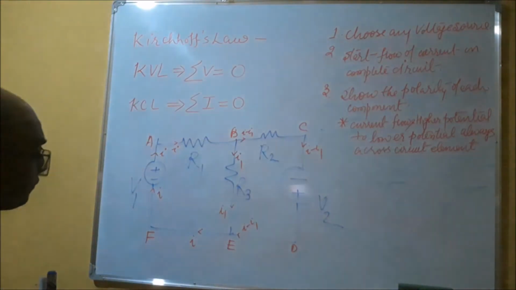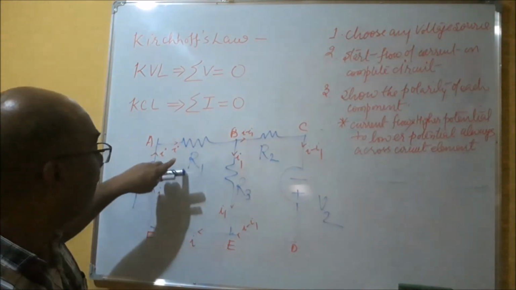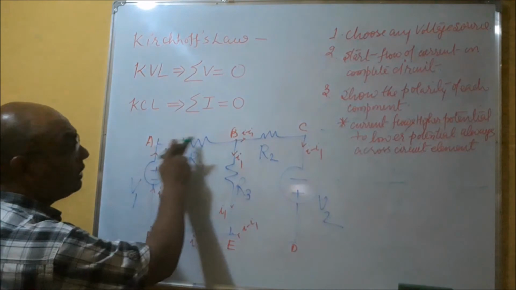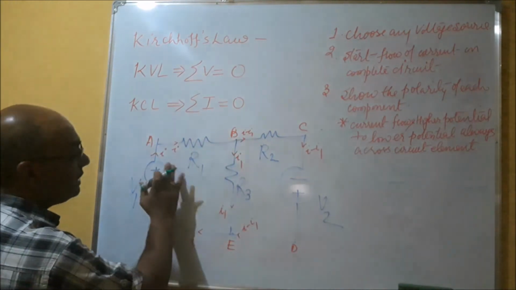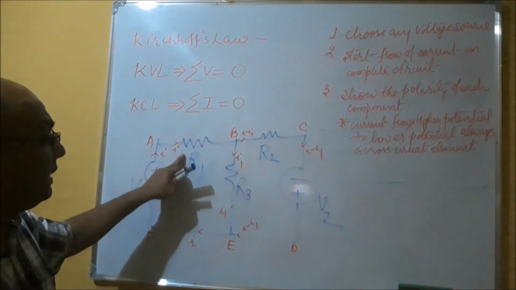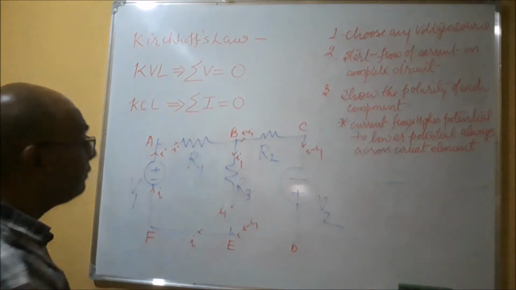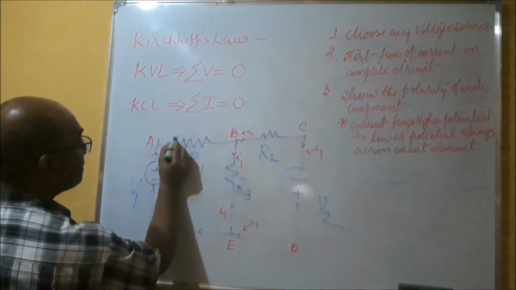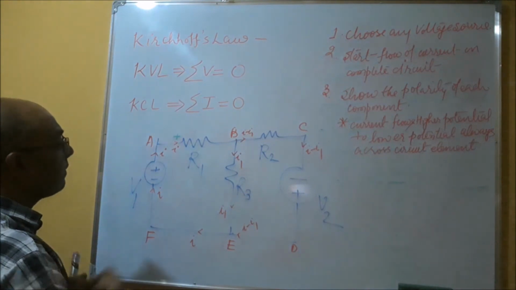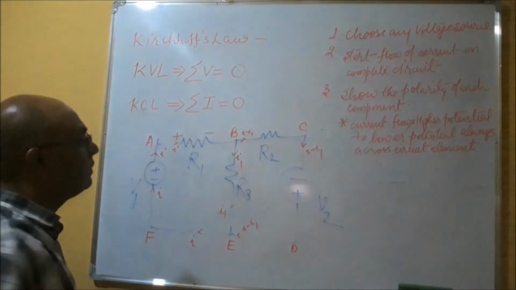You see, for R1, the current is flowing in this direction from A to B. Since the current is flowing from A to B, this point is at higher potential compared to this. So we will say this is positive, and then this would be negative.